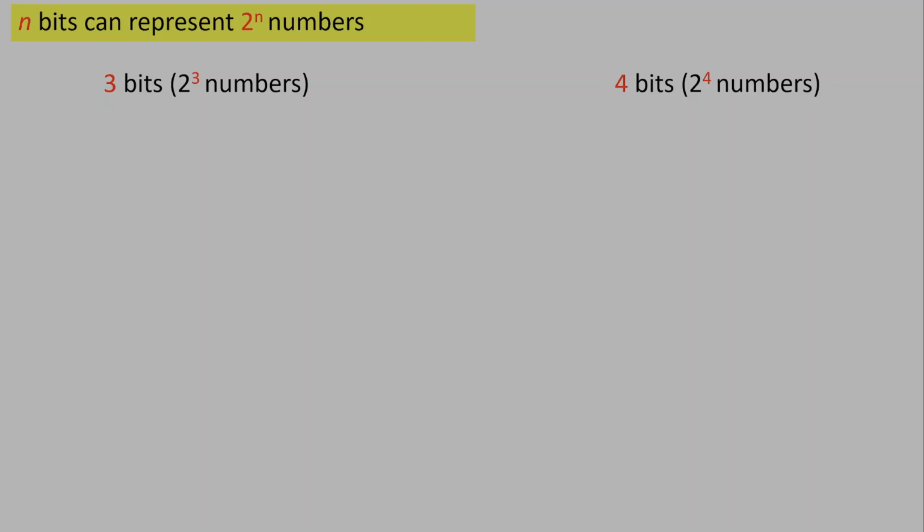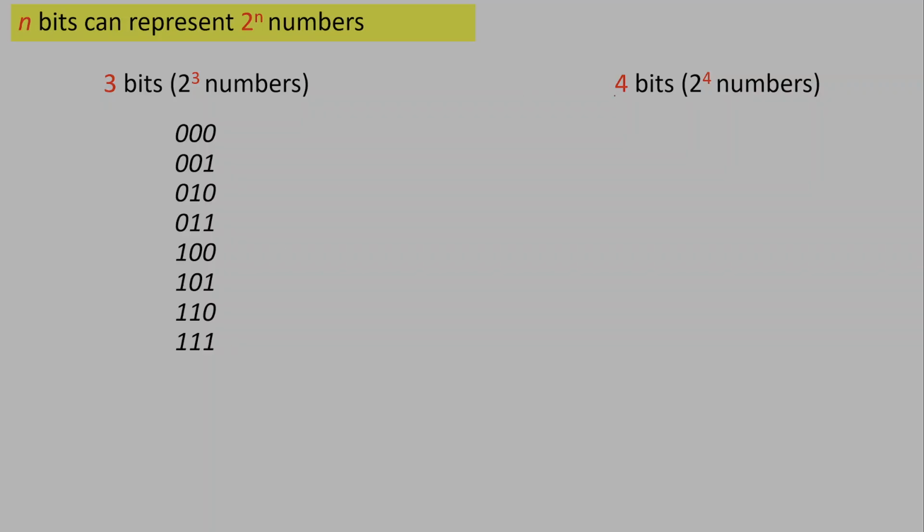So if we place 3 bits in, and we go through all the different combinations of flipping these zeros to ones and so on, we should be able to predict that we've got 2 to the 3, which is 2 times 2 times 2, 8 different combinations. All we're doing here is counting up in binary.